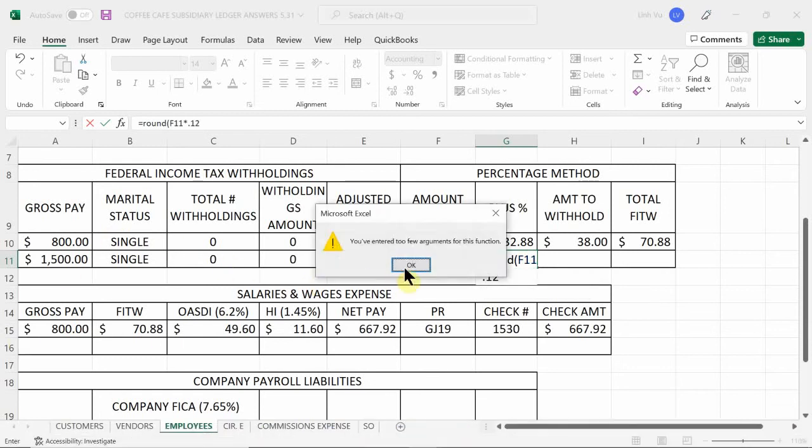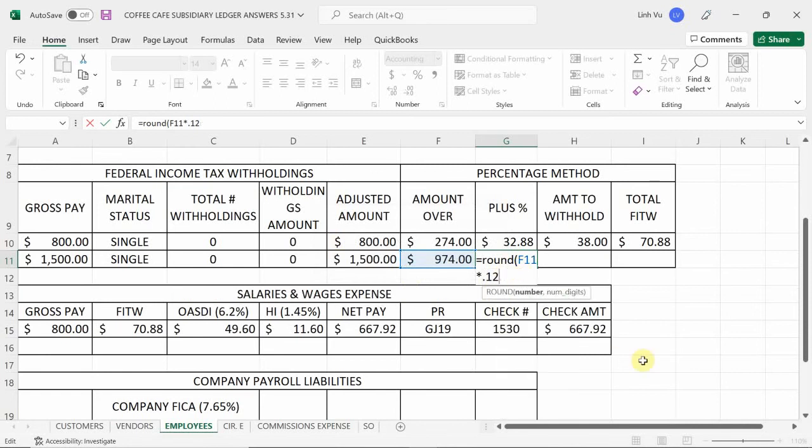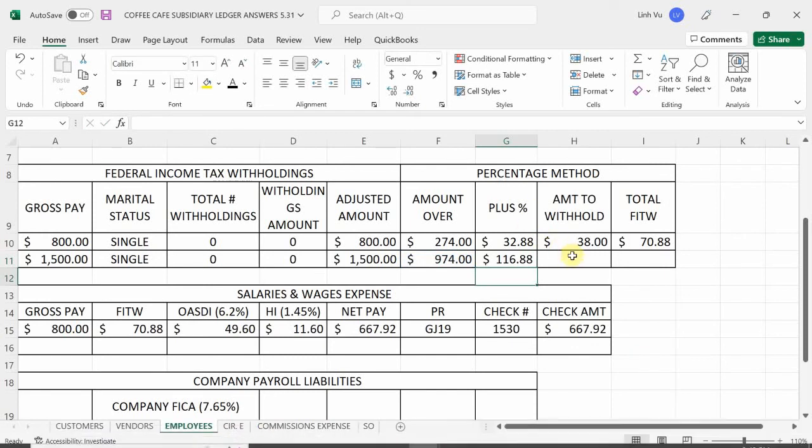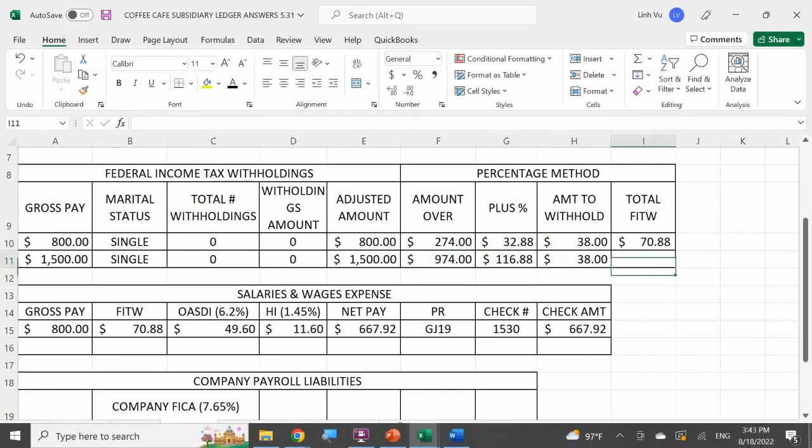So how much is he going to get taxed at the 12%? $116.88. $116.88 plus the $38 that the government's going to take from your paycheck regardless of the amount that you earn. How much overall federal income tax is Tim subject to take out from his paycheck? $154.88. Yes.